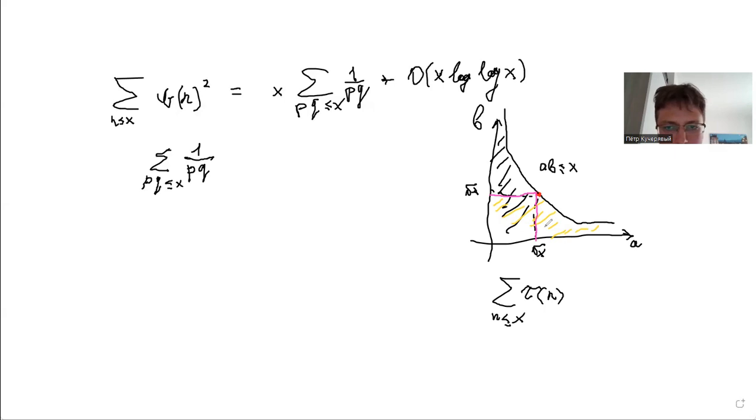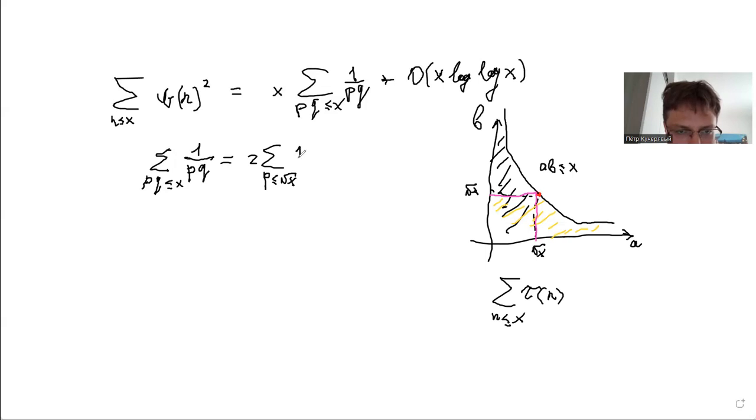And here it is the same, but with not 1 over this integer point, but 1 over a multiplied by b. So this will be the sum over this area: 2 multiplied by the sum over primes p less than or equal to the square root of x. Here you sum over primes q.